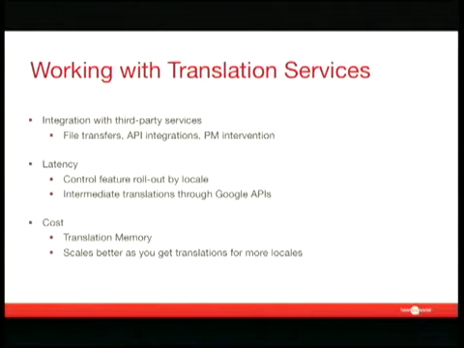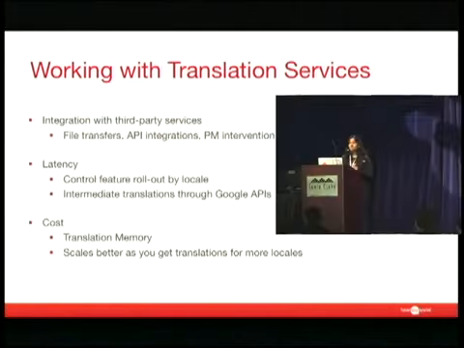You have to watch for this concept of translation memory. So translation memory essentially is a promise that's made by the translation service to not charge you for translations of the same string twice. This may happen if you first have a string in your application and you decide to remove it and then reintroduce it.